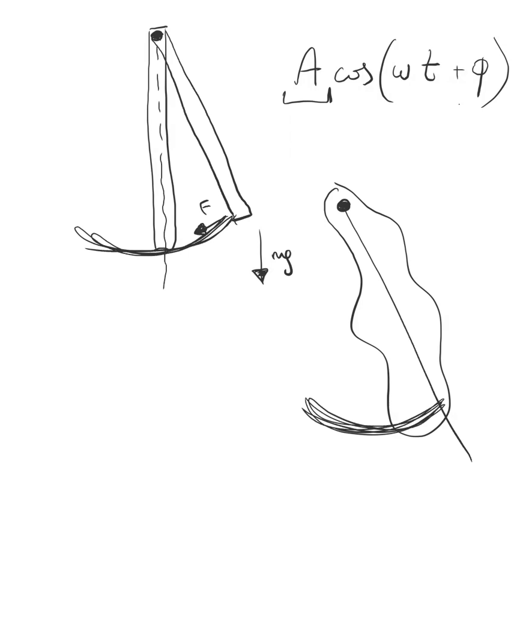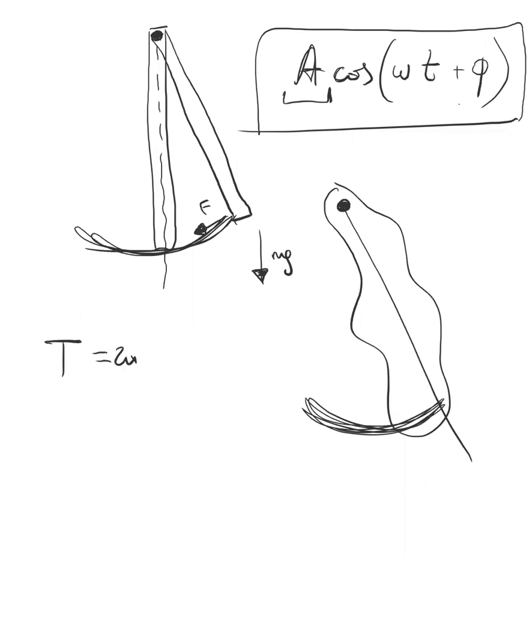As long as your angle is small, the equation is similar. Again, for your deviation from the equilibrium, you have some number times the cosine of omega t. And in this case, the period turns out to be 2 pi square root of I divided by mgh.